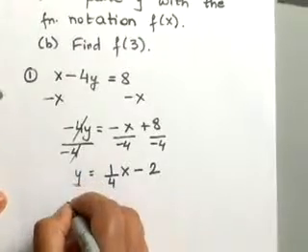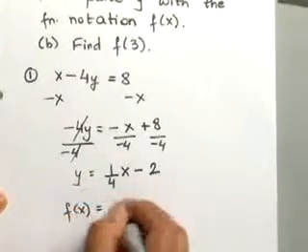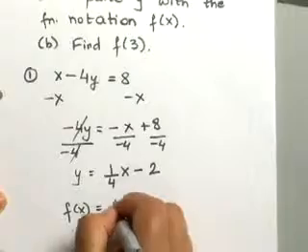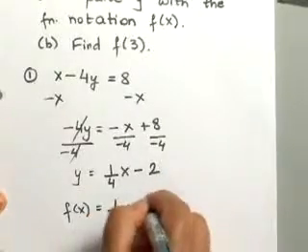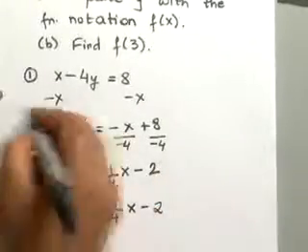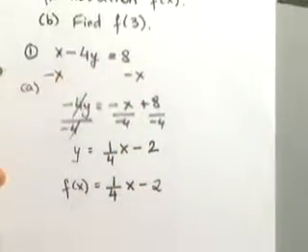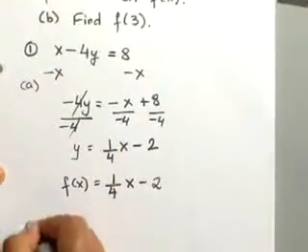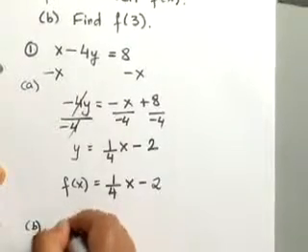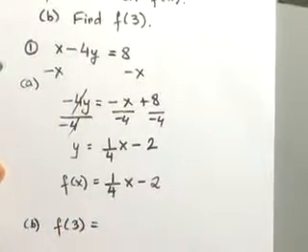Now you want to replace your y with f of x. You end up with f of x equals 1/4 x minus 2. So this was all the part A of our problem. Part B, or the second part, was find f of 3.